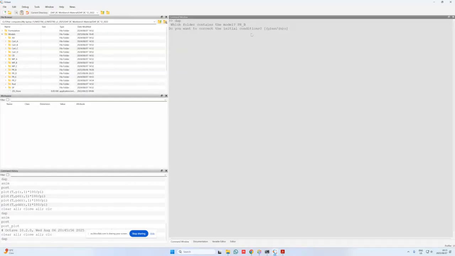And now the system asks me, do I want to correct the initial conditions? So initial condition correction is something that we're going to look at later on as well. Essentially, it's a method in the DAB-BC workbench where it connects the various bodies more robustly to one another.